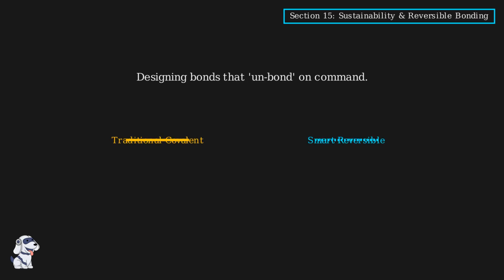Traditional chemical bonds are built for stability, often making materials difficult to recycle. A major trend in sustainable chemistry is designing reversible bonds that respond to specific stimuli, like pH changes or light frequencies.